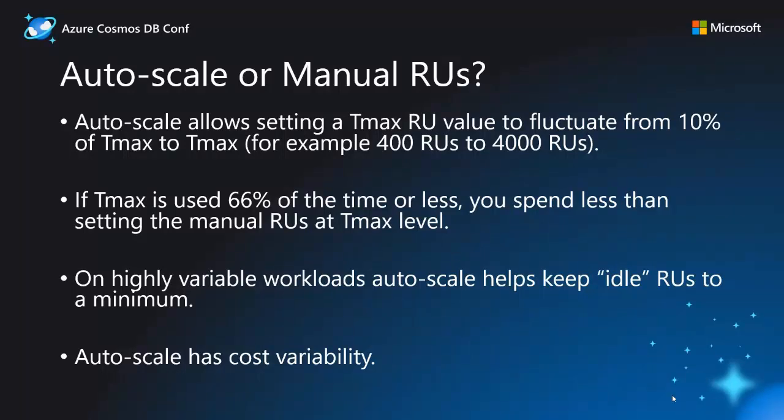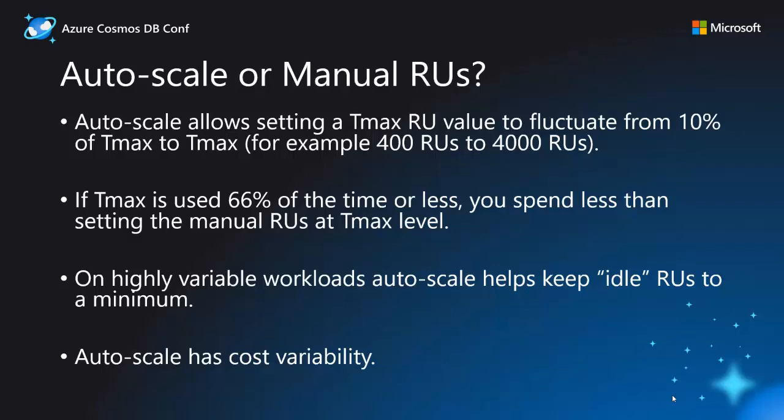For example, let's think about a workload that only requires those 4,000 RUs during a couple of hours of the day, and then it goes right back down, right? In that case, it's an excellent use case for autoscale, because the alternative to deal with those spikes would be to have a collection that is mostly idle during that time.